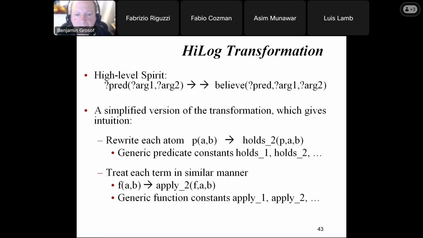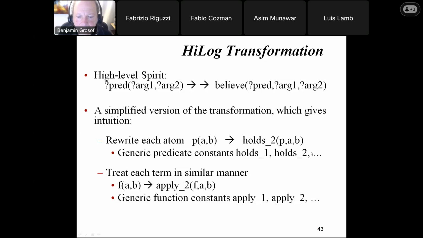When I was a grad student, this was called the holds trick. About 10 years later, this was developed by Chen, Kifer, and Warren. So a simplified version of the transformation, which gives the intuition, is to rewrite each atom, say that has arity 2, using a particular new predicate, holds2 for an originally arity 2 predicate, where we have generic predicate constants, holds and holds1 and holds2.